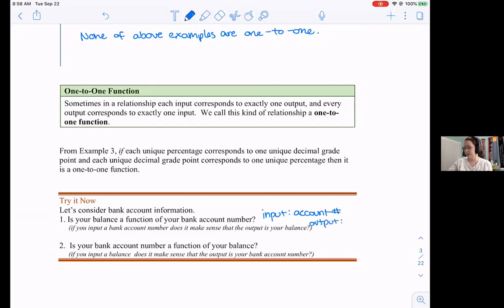Output is balance. Do I get only one output for a specific account number? I hope so. This is separate from time. Obviously your bank account amount would change over time, but if you're checking it in that instant, yes, this one is a function. Balance is a function of account number.